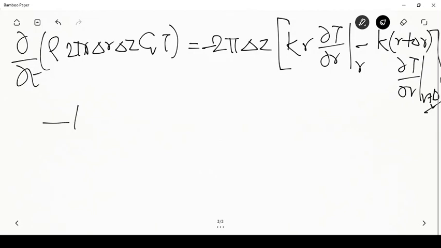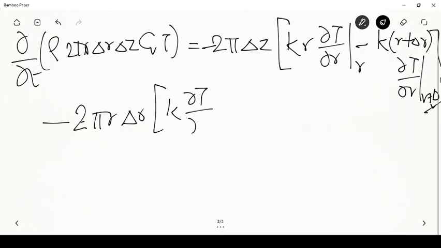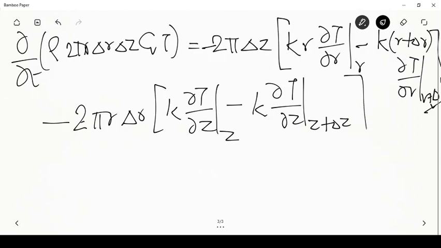Similarly, minus 2 pi r delta r, that's a common area, and that will be multiplied by k del T by del z minus k del T by del z. So this is at z and this is at z plus delta z. So this will be the second term, and the third term will of course be q dot triple prime generation into 2 pi r delta z.